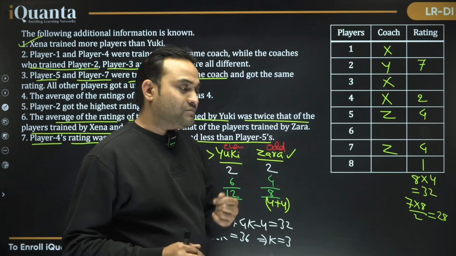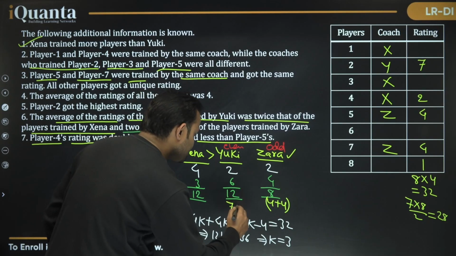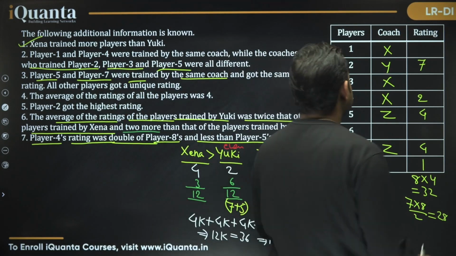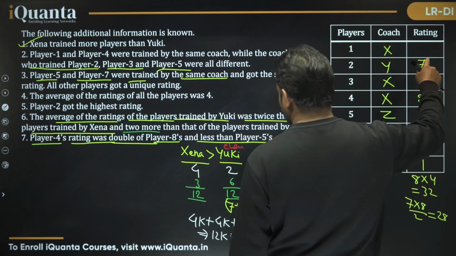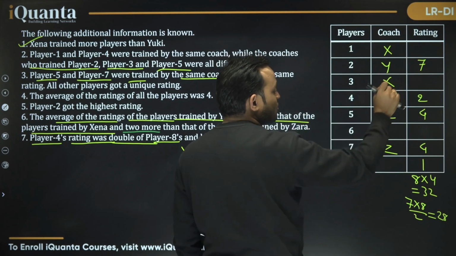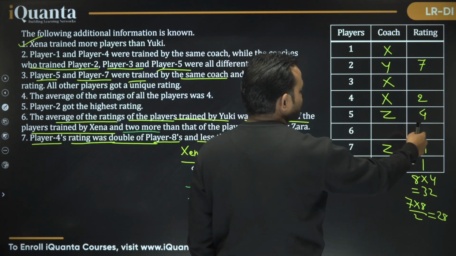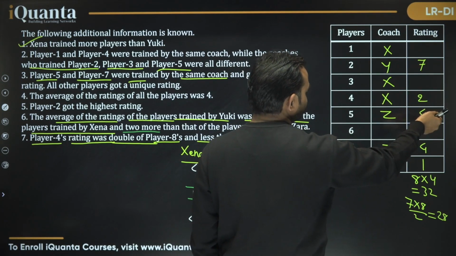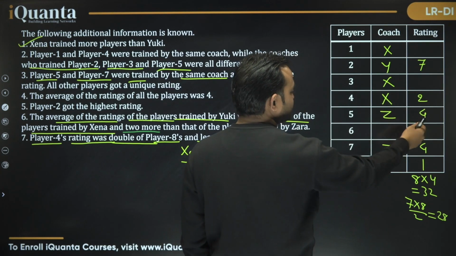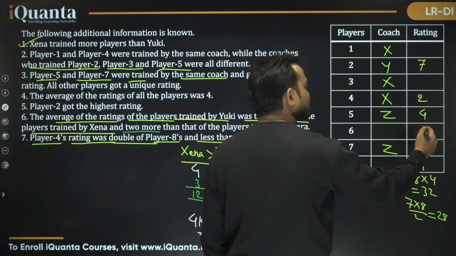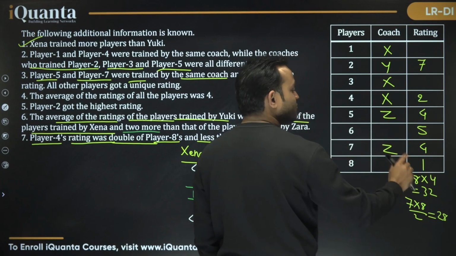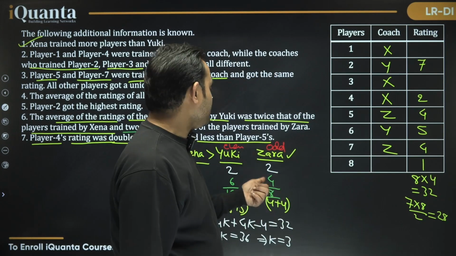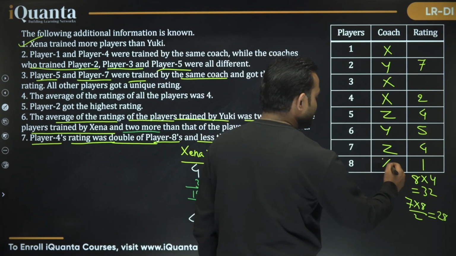If I want 12, there is only one possibility, which is 7 plus 5, right? And 7 is already here. Someone got 5, either 6 or... Yeah, this can only be 5. No other can have 5 because we already have 1 here. So player 6 is coached by Yuki and the remaining is coached by Zina.